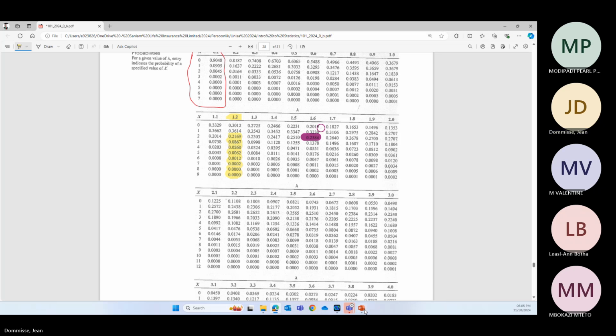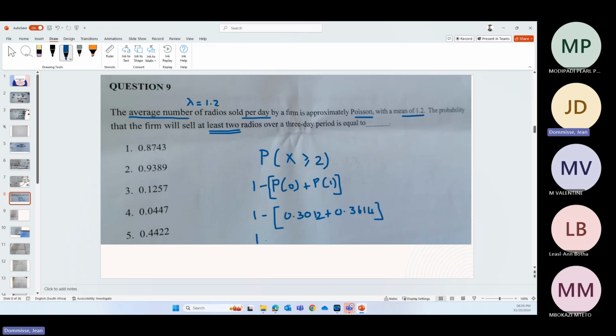Hmm. So 1 minus 0.3012 plus 0.3614. No, it doesn't look like I'm getting any of those. So that will be 0.3374. Hmm.